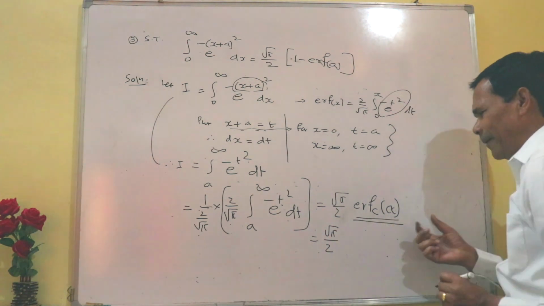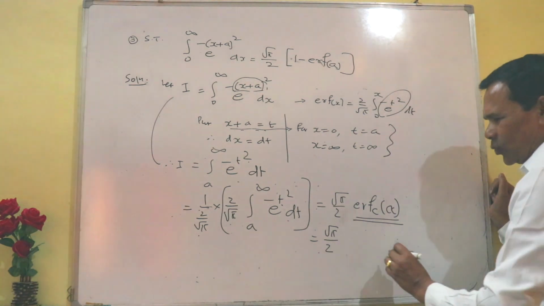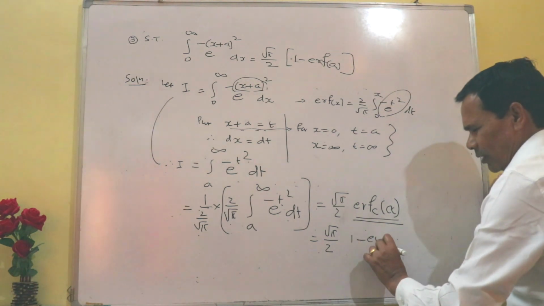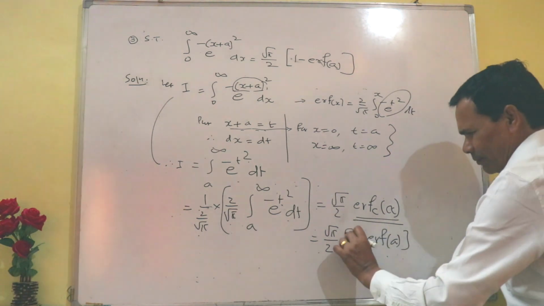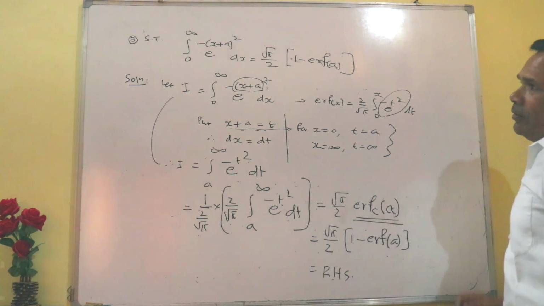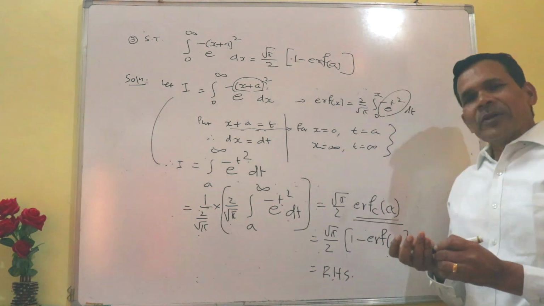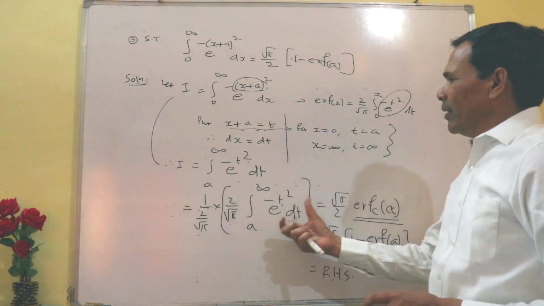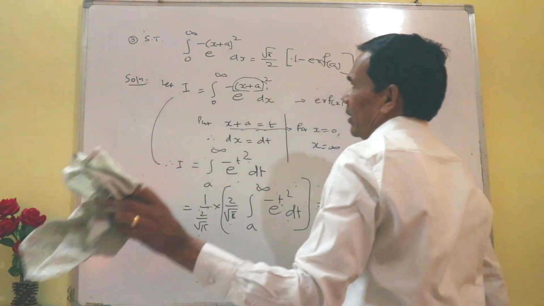This is equal to root pi upon 2 again, using that the sum of the error function and its complement is 1, so I can write this as 1 minus the error function of a, and that is what your RHS requires. So like this, you have to use a suitable substitution and evaluate this kind of integral.